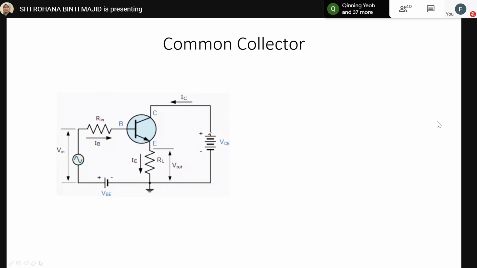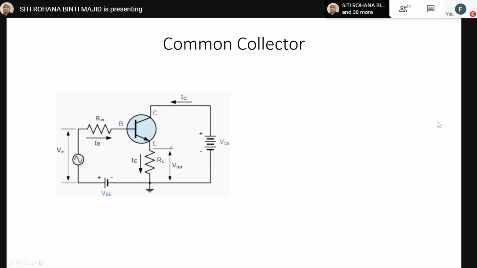And then for the current, the input will involve IB, which is the current at the base, and the output current is referred to as IE, which is the current at the emitter.